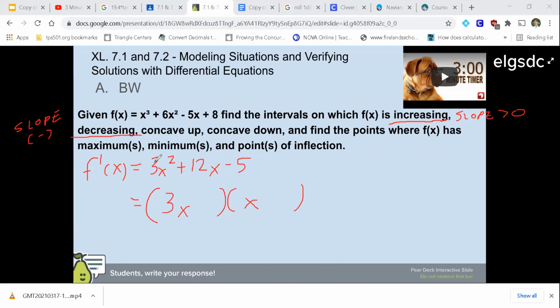So if we put 5 back here, no, that's not going to work, is it? Because that'd be 15, but it should only be minus 1. So I actually don't think this is factorable. I don't think there's a way we can get this to add to 12. Nope, not factorable. Quadratic formula.